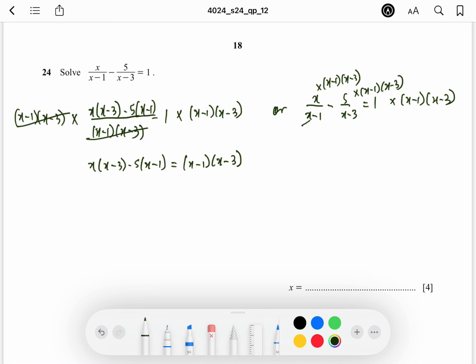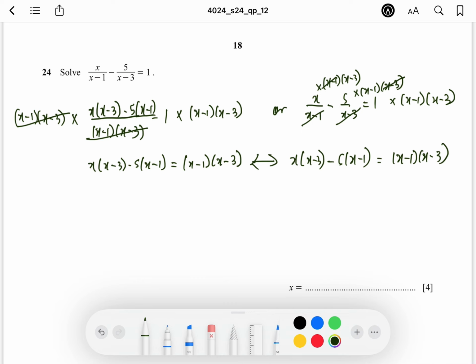So that one simplified, that one and that one simplify. And I write it as x minus 3 for the first fraction. For the second fraction. And then the other side. Sama.